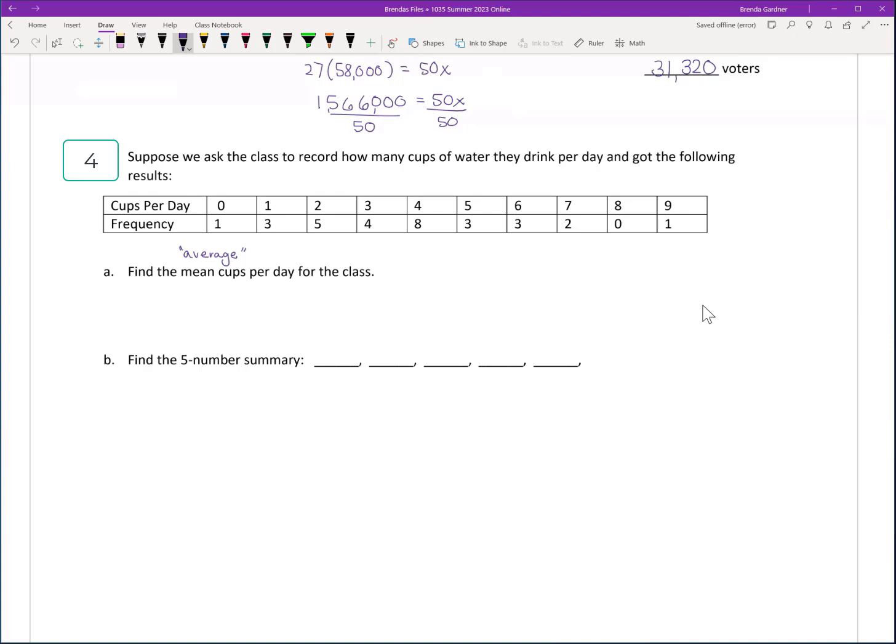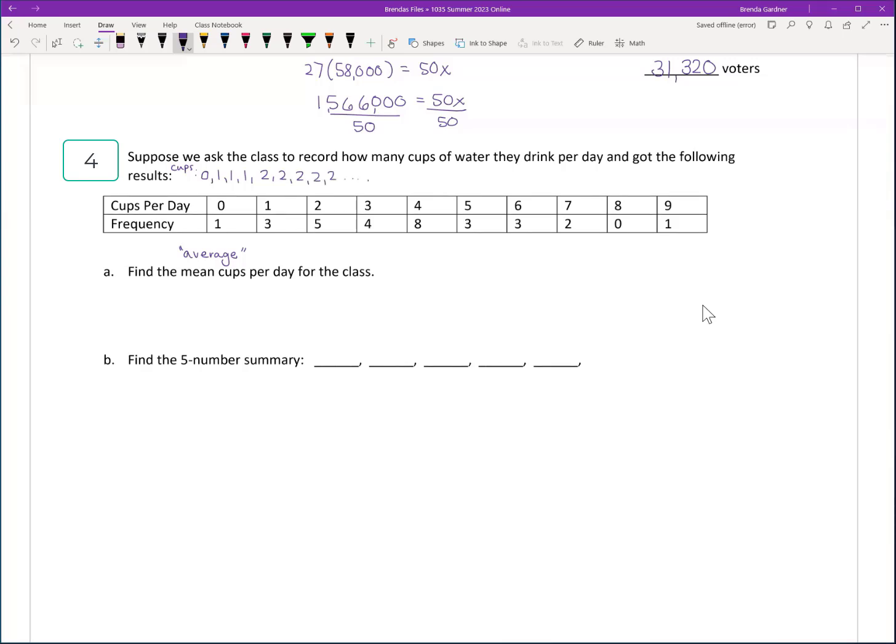So I could say that there would be someone who said 0 cups. And basically 3 people drink 1 cup per day. So if I wrote that out as far as cups of water per day, I would have 3 1s and I would have 5 2s, etc.